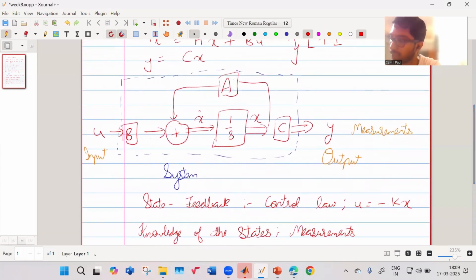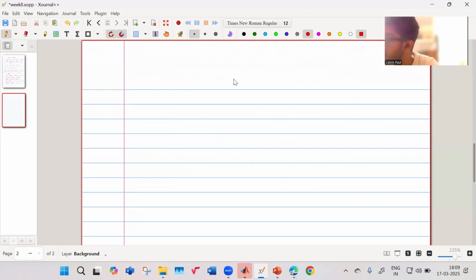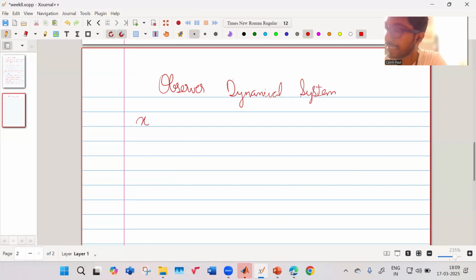So this is your actual system which is operating, but now you want to find an estimate of the state x. So what you need to do is go to the next page. The observer dynamical system. What is that given by? x hat dot is equal to A into x hat plus B into u plus some L into the actual output y minus C into x hat.